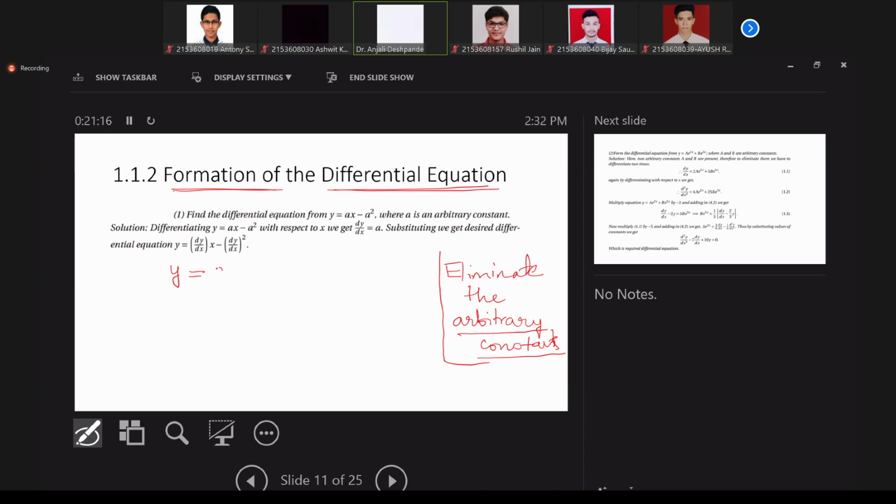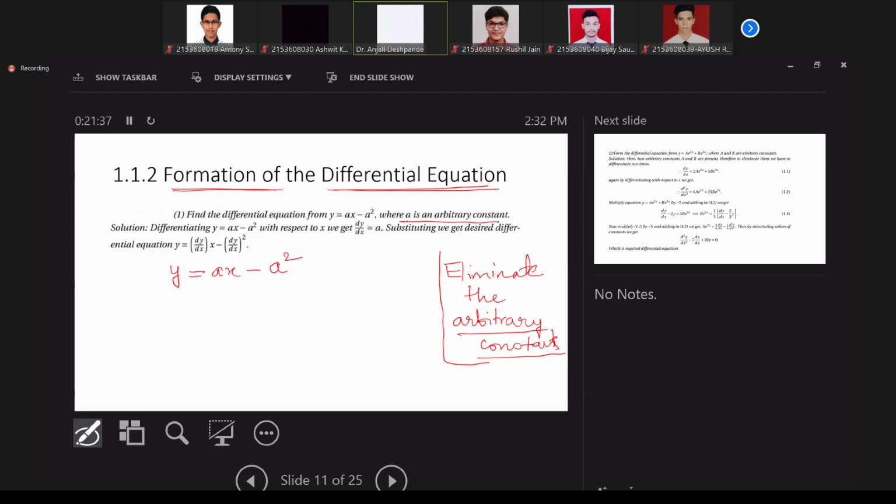Suppose you are asked to form the differential equation from this equation: y = ax - a square. Here a is the arbitrary constant.